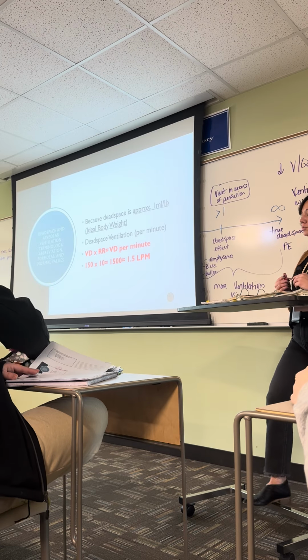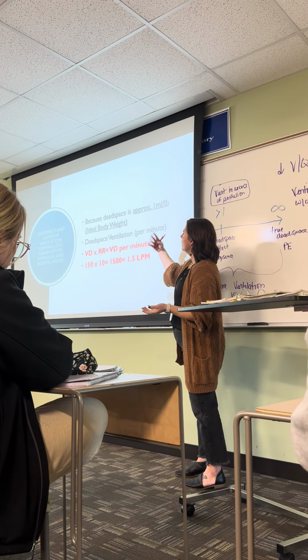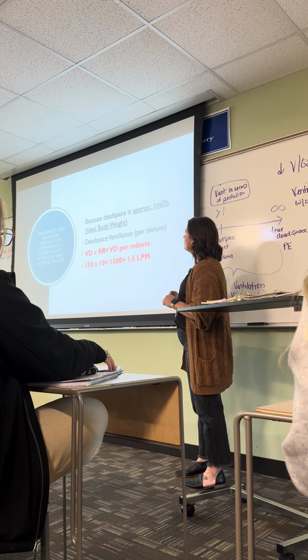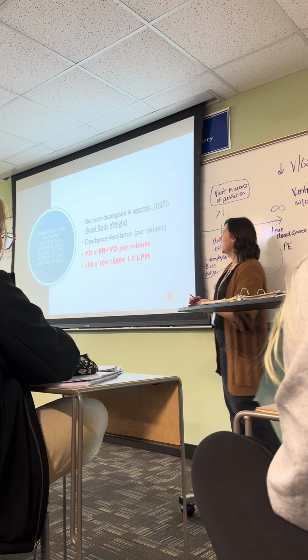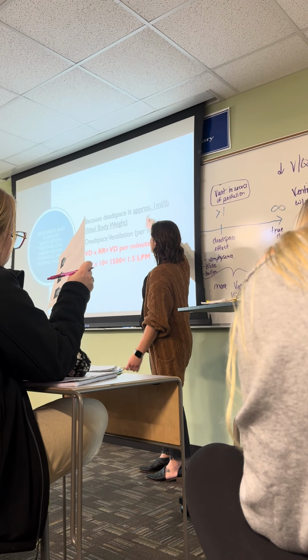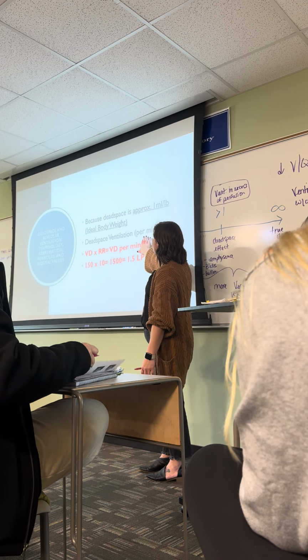What we usually do is we say we can give an approximate dead space. If we don't have the actual dead space, we can use an approximate, and all we say is the approximate dead space is 1 mil per pound. That should be ideal body weight. So dead space ventilation per minute.